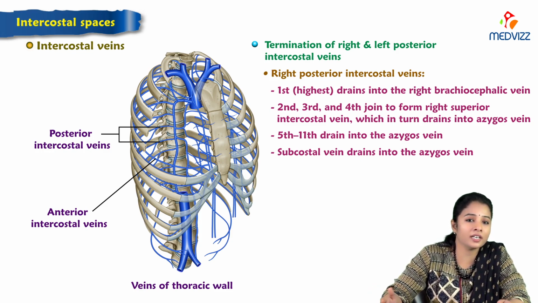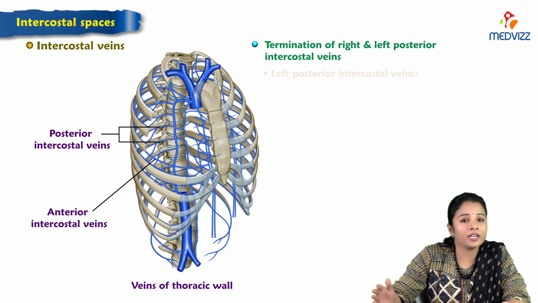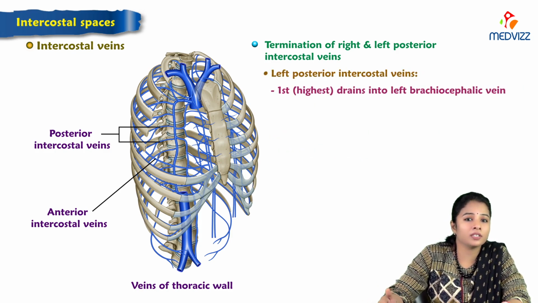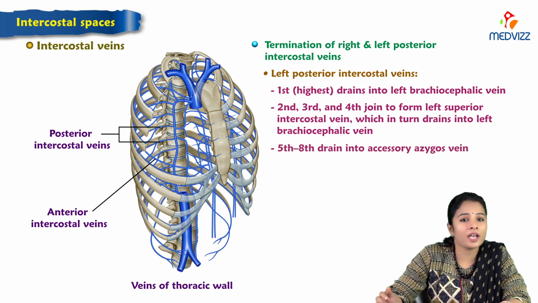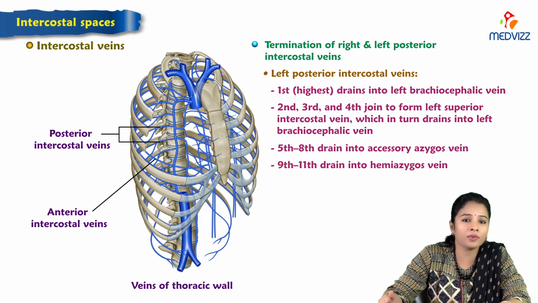So on the right side they drain into the azygous vein, and on the left side the highest one drains into the left brachiocephalic vein. Second, third and fourth join to form the left superior intercostal vein, which in turn drains into the left brachiocephalic vein. 5th to 8th drain into the accessory azygous vein. 9th to 11th drain into the hemiazygous vein.